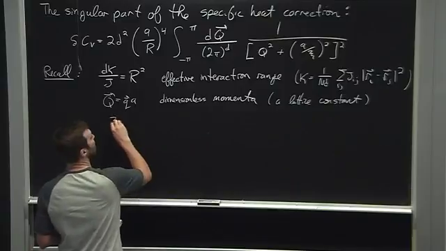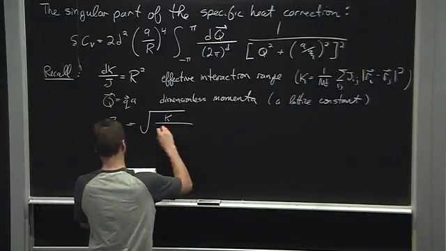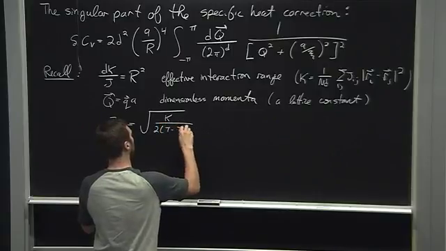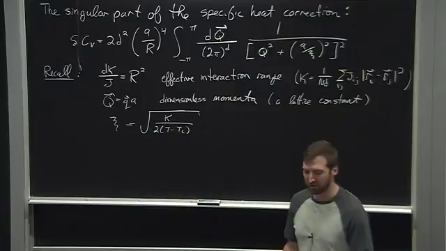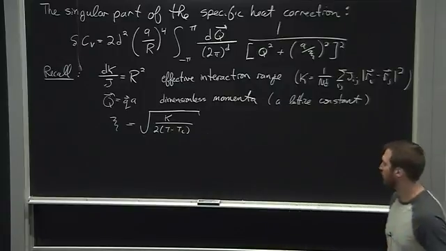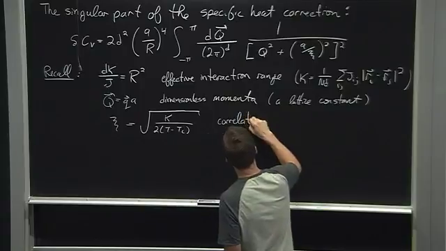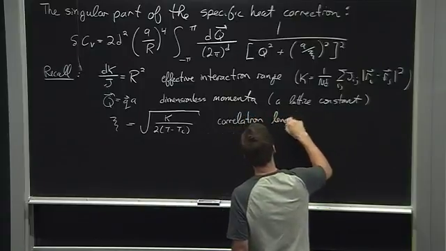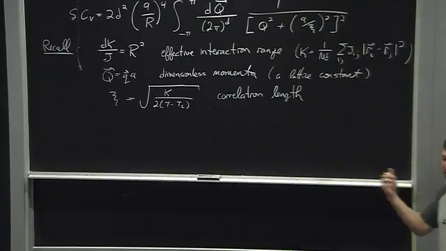And most importantly, the correlation length, again, is basically defined by the two-point correlation function. And that's the fundamental object that's diverging at the transition.